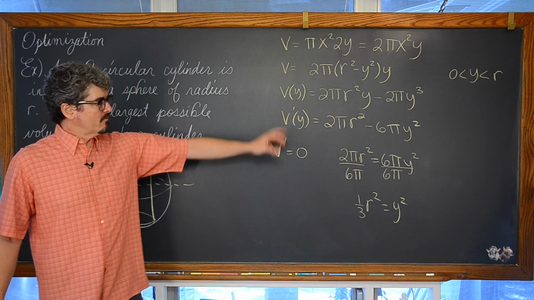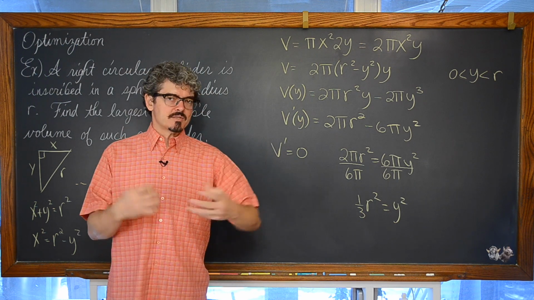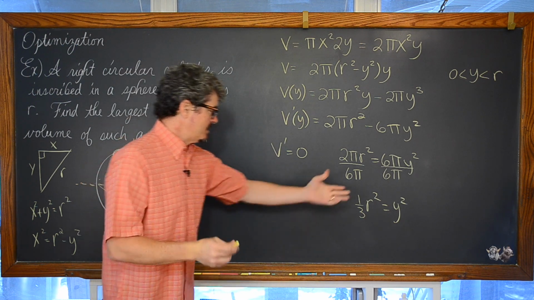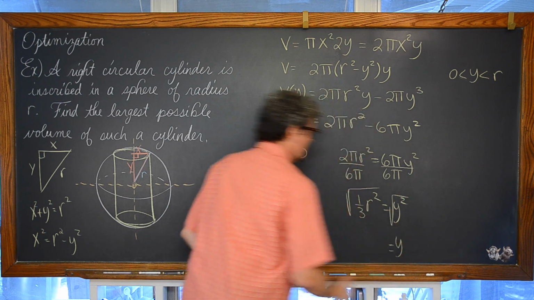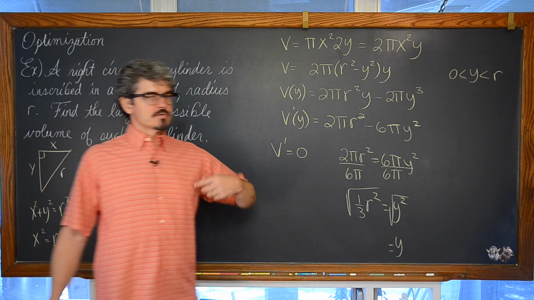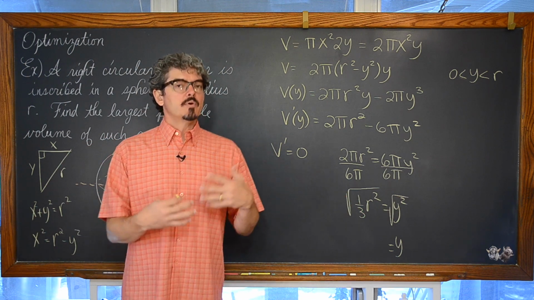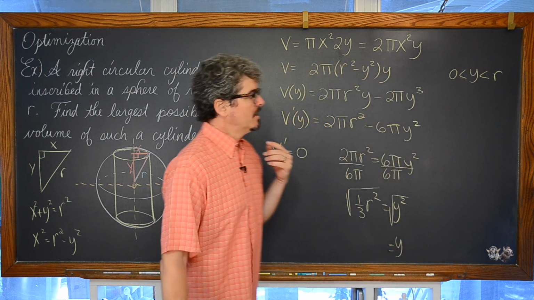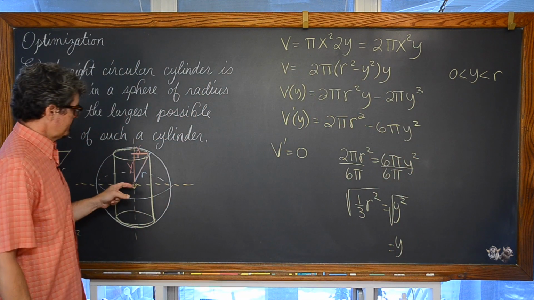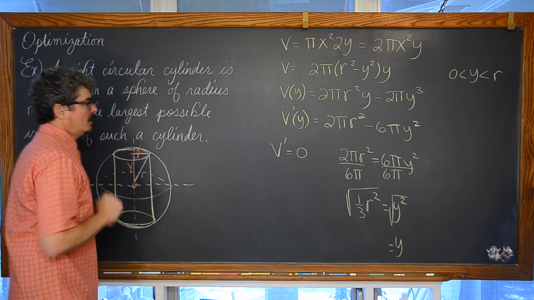But I want to find the value of y that sets this derivative equal to 0, basically the critical value, which means we're going to square root both sides, and we have y is equal to, now, of course, when you introduce an even root to both sides of an equation, you have to account for both the positive and negative answer, but y can only be positive since we're defining it as being between the values of 0 and r.